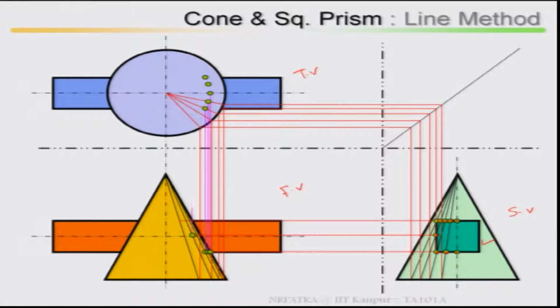Continue. Once you get one side, as the square prism is symmetric, the other side will be the same.